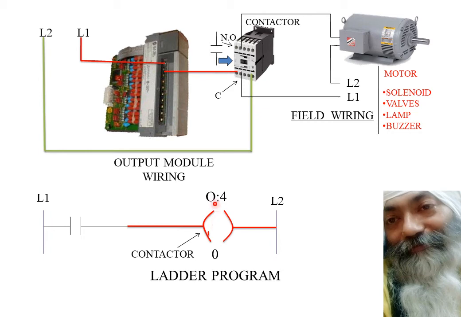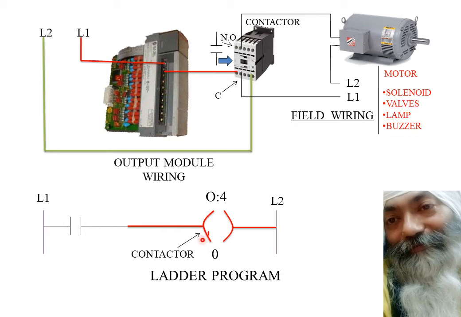Again, we have the slot and the terminal number. This is kept in module number 4, placed at the fourth slot, and the terminal number is 0. So this becomes the output, and this entire thing becomes one rung of the ladder.